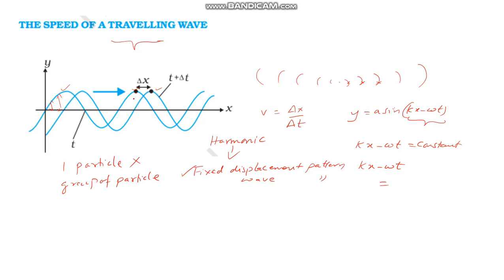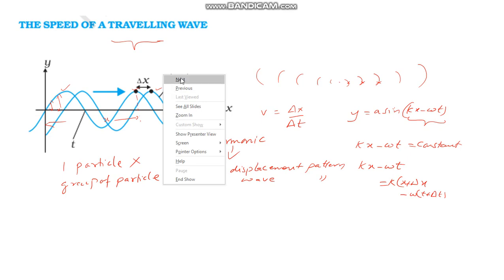That means this was the original x, right, from the origin. Now what is the position of the particle? It is k into x plus delta x. And what is the time? Minus omega into t plus delta t. Basically, kx minus omega t has to be constant, so these two have to be equal.